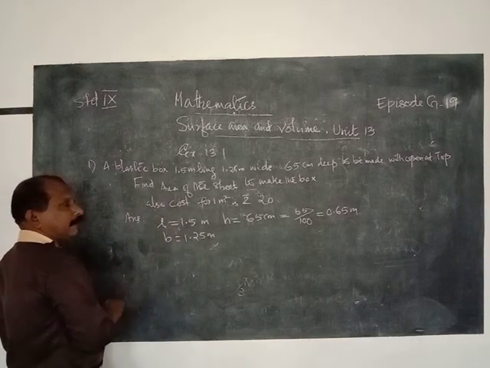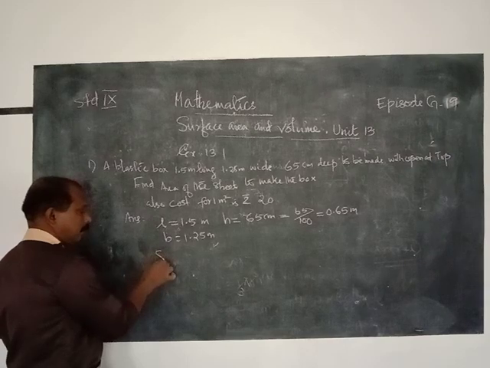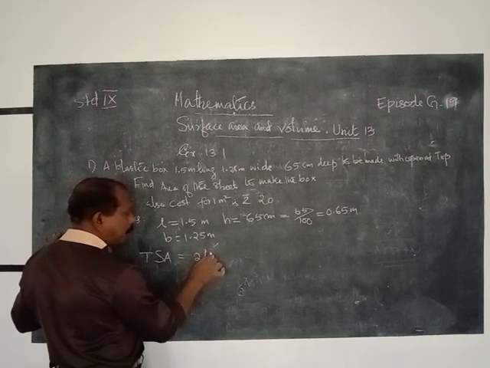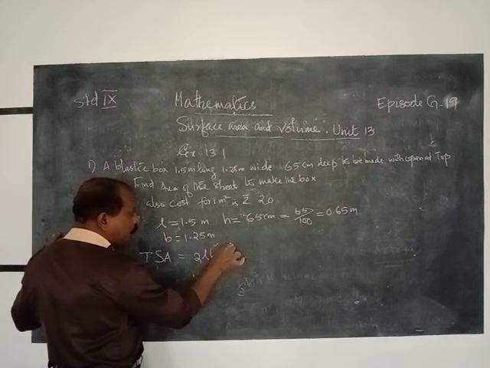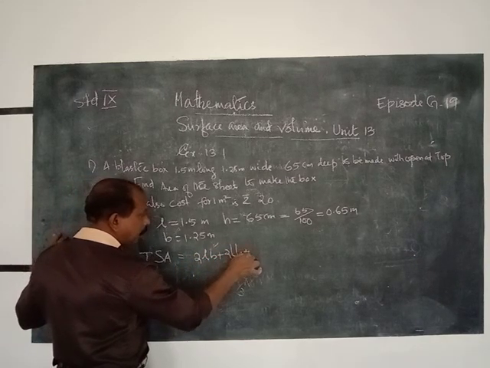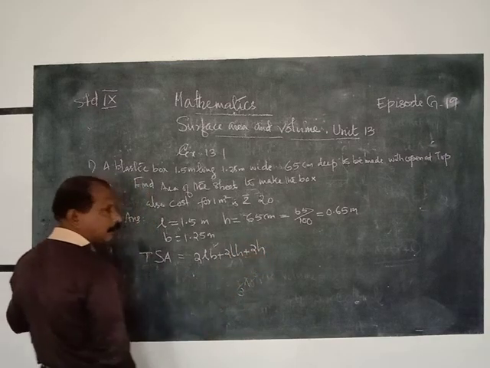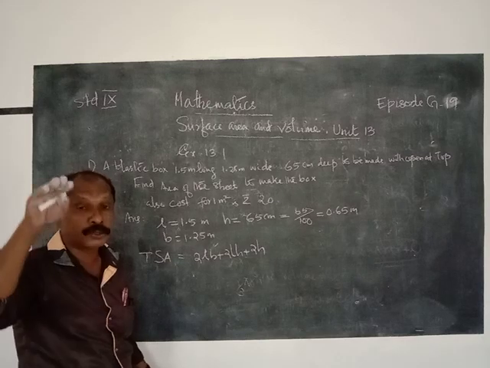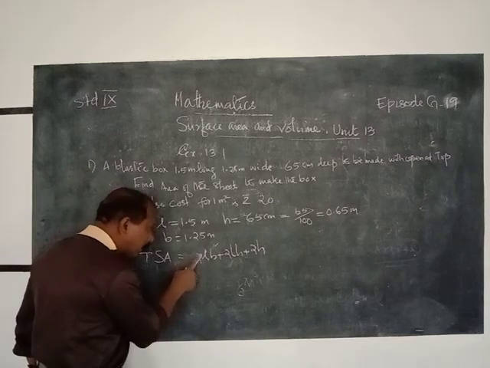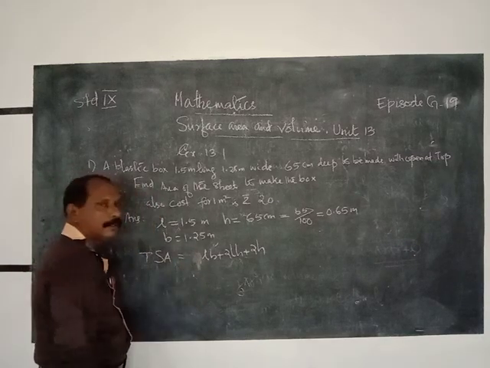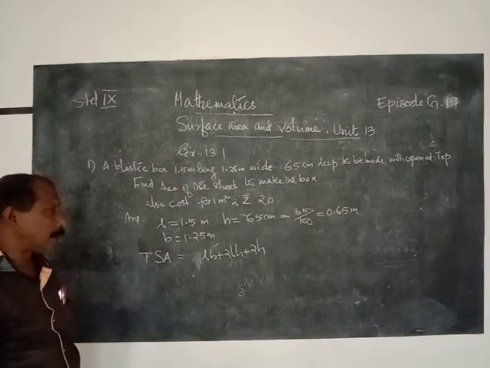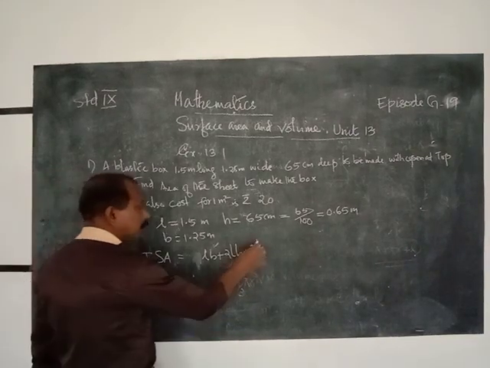Therefore, total surface area is 2lb plus 2lh plus 2bh. That is the total surface area. But lb is the base area. There is only one base because the top is open. Therefore, this 2 is removed. That is, the total surface area is lb plus 2lh plus 2bh.